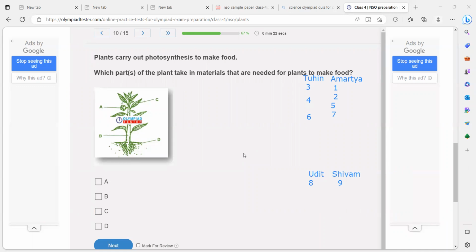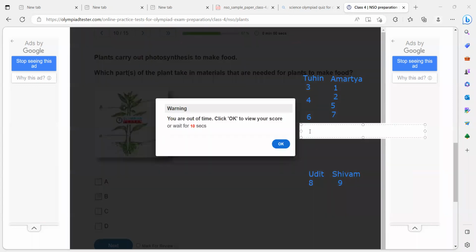Ma'am, materials mean minerals. Materials, leaves. Yes, the leaves suck the carbon dioxide from the air. Stem.